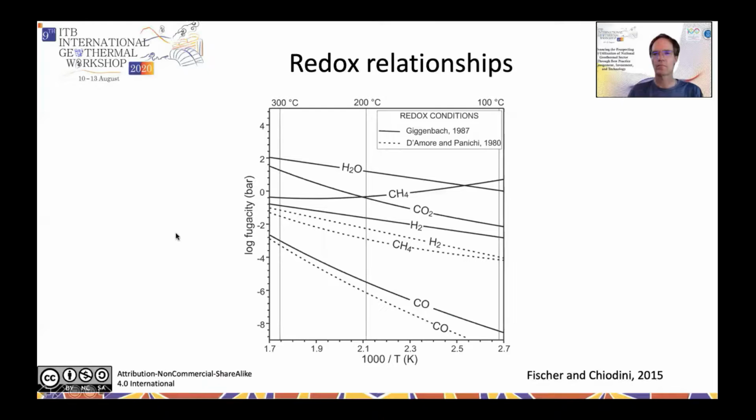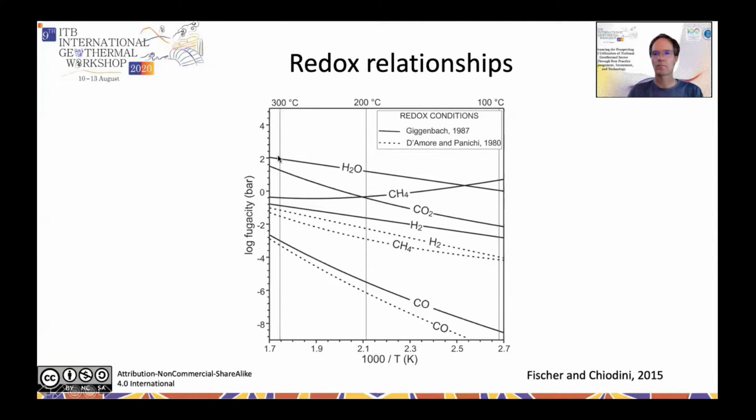And we can then use these kinds of relationships to make a diagram like this. This is a very famous diagram. It's been around for a long, long time. What it essentially shows you is the fugacity of these gas species depending on temperature. Temperature is high to the left, 300 degrees, and 100 degrees on the right.